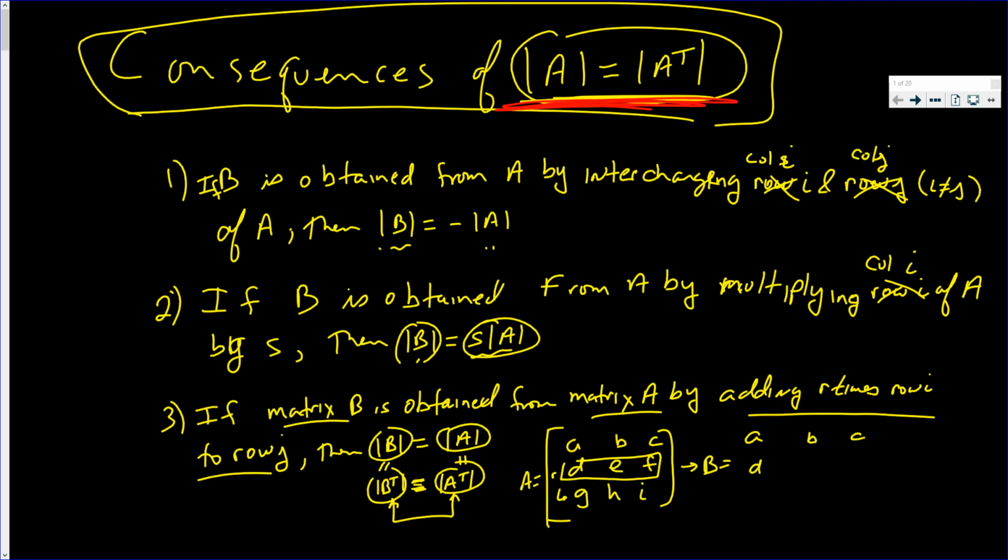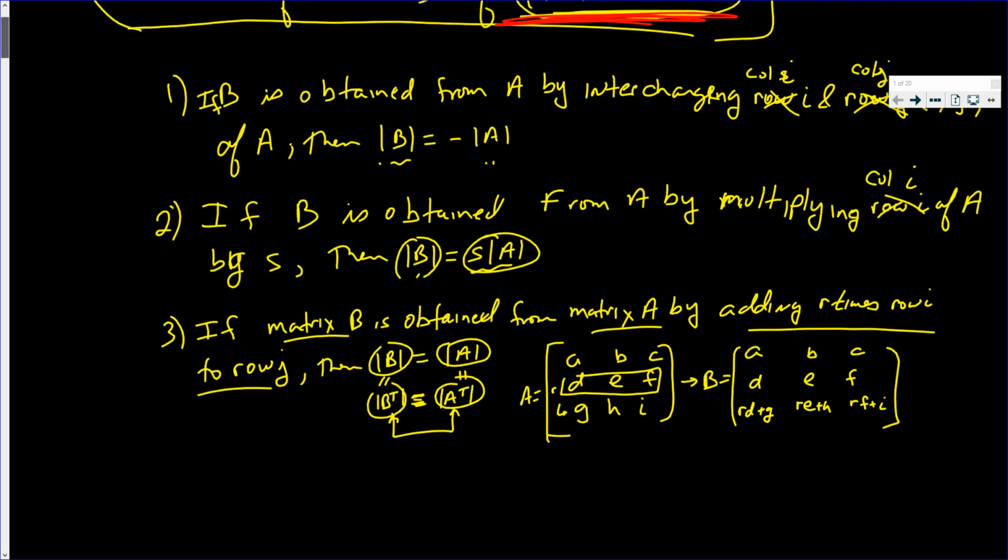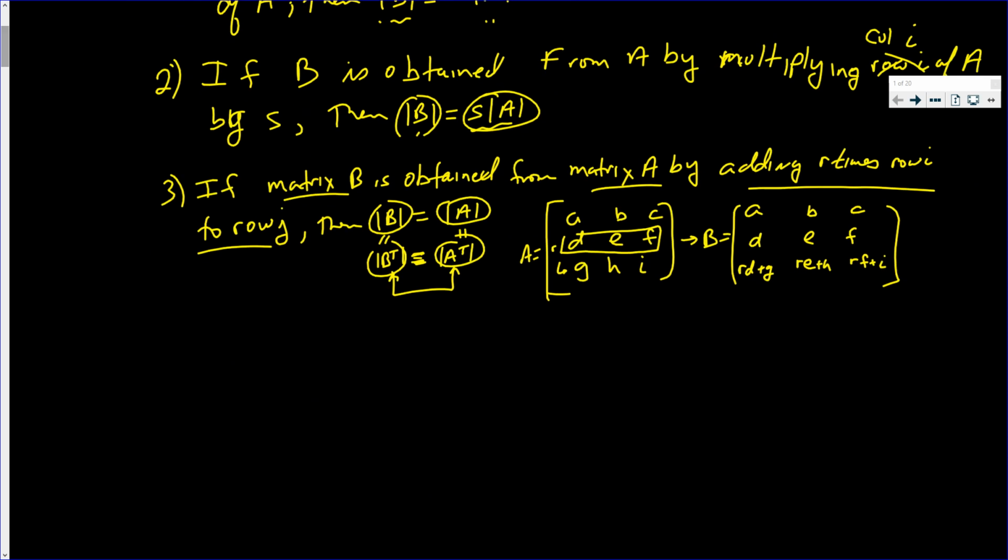The second row is not changing, but the third row is R times the second row plus the third row entry: RD plus G, RE plus H, and RF plus I. Now, that is A and B. Well, for A transpose, notice how did I go from A to B?